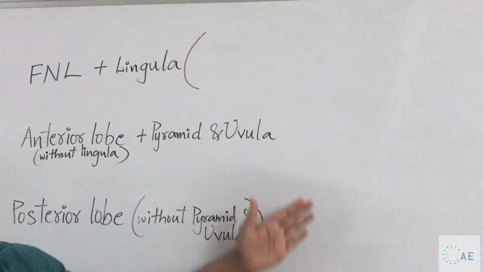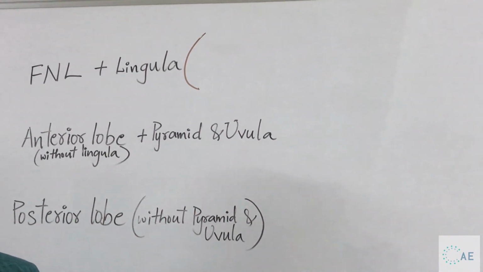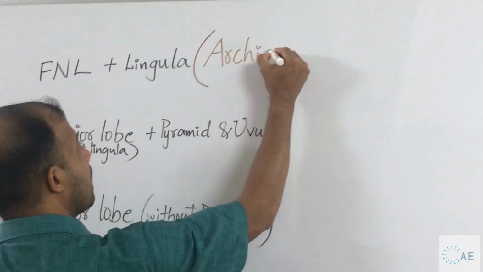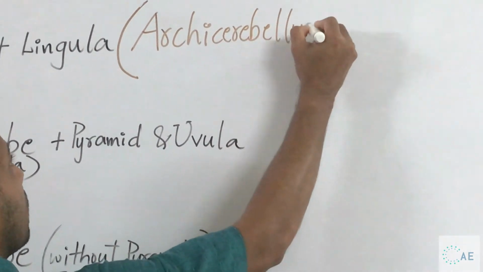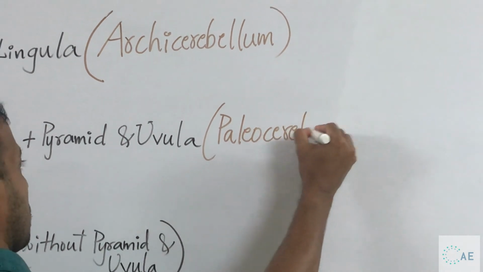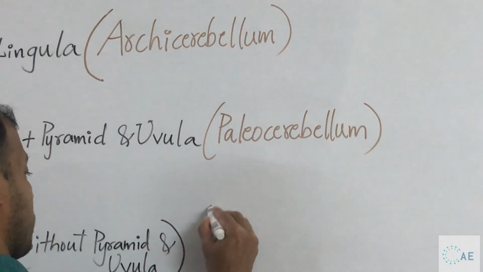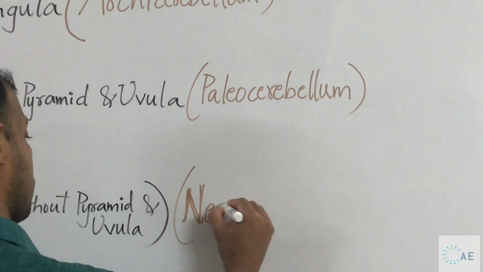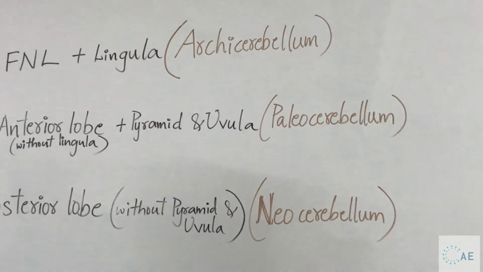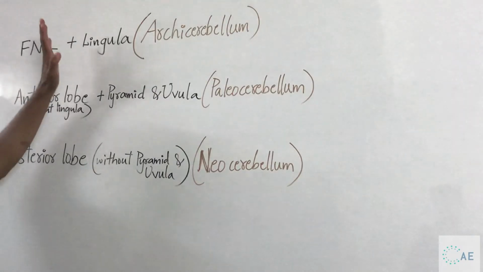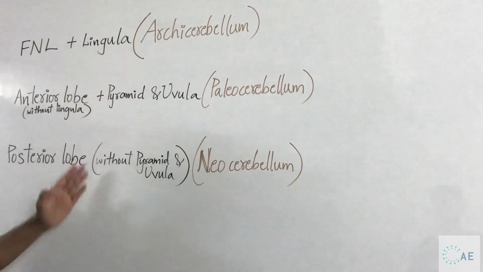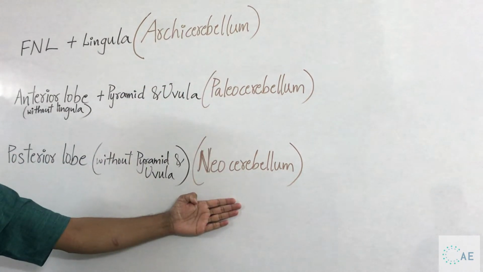So let me write those three phylogenetical classifications here. So two types of classification are there in front of us. One is anatomical, one is phylogenetical classification.